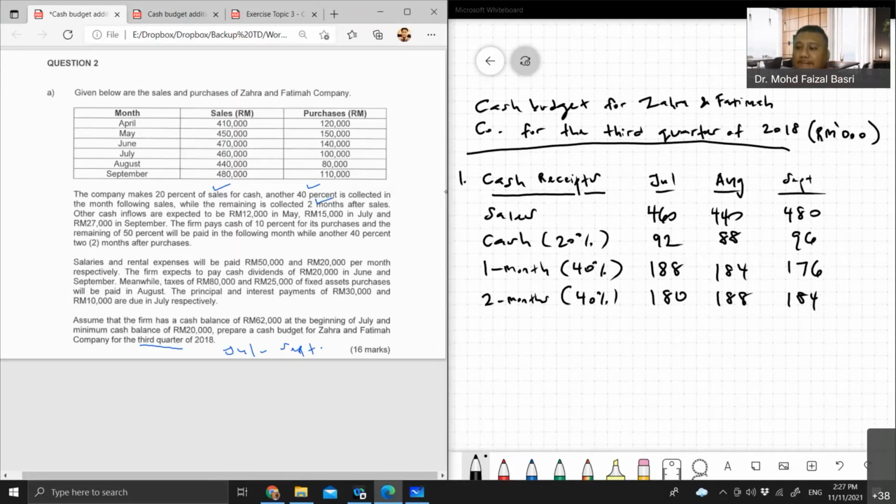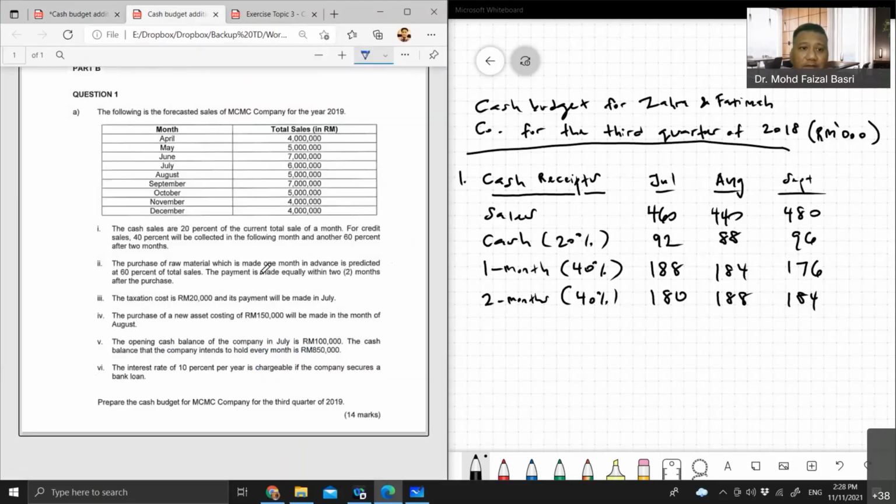Alright, can? Okay, so for this question, as you all notice, they put all the information in paragraphs. We have 3 paragraphs on top of the tables. But most of the time, just to share with you, the question will usually put it in point forms. They give you a table, then they give you information or assumptions in point forms instead of paragraphs. Similarly, to tackle this type of question, we always start with sales, the one in the table here, and then we use the assumptions.